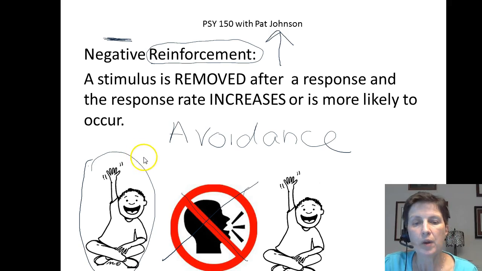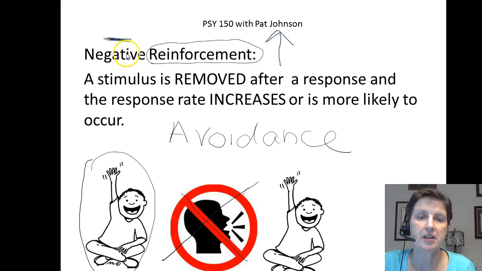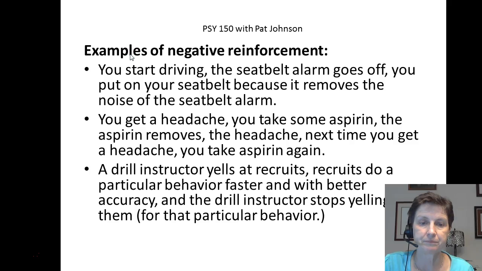But again, I hesitate to give you those words because what is good for one person may not be good for another person. But when you see a person doing a behavior to avoid something, like you clean your bedroom to avoid having your cell phone taken away, that's negative reinforcement. The behavior is increasing because something is taken away.